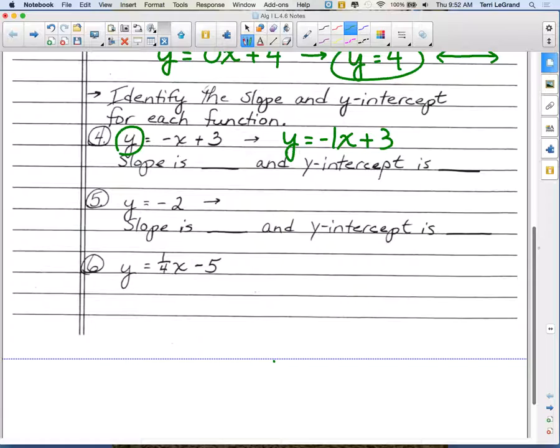So in reality, this is what it started as, but then it got cleaned up to negative x plus 3. So what is our slope? Negative 1. It's what x is being multiplied by. It's what's in the m place. And what's our y-intercept? 3. So basically we're saying here, m equals negative 1, b equals 3.